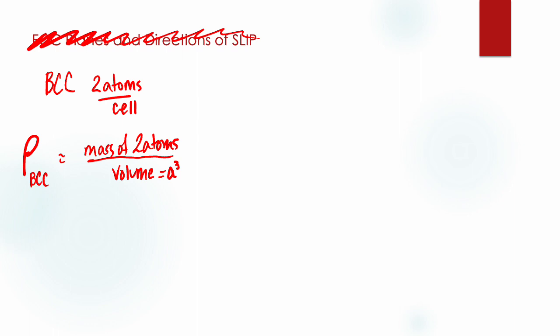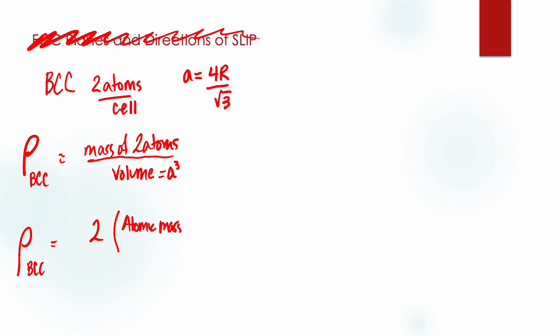And for BCC, a is equal to 4R over the square root of 3. So the density of a BCC metal would be equal to 2 times atomic mass, which is in grams per mole.